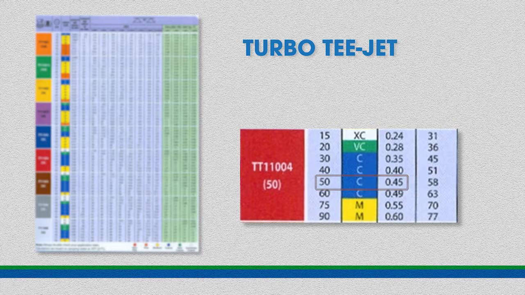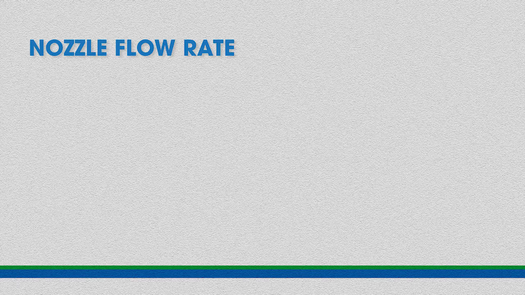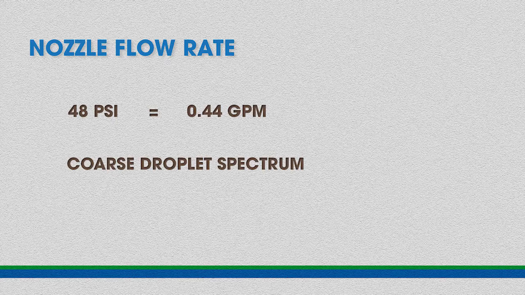So the flow rate we need of 0.44 gallons per minute is somewhere in between the two. If we were to put the nozzle on there and test it with a flow meter, what we would determine would be that at 48 psi, we achieve that flow rate of 0.44 gallons per minute. At 48 psi, this nozzle creates a coarse droplet spectrum.